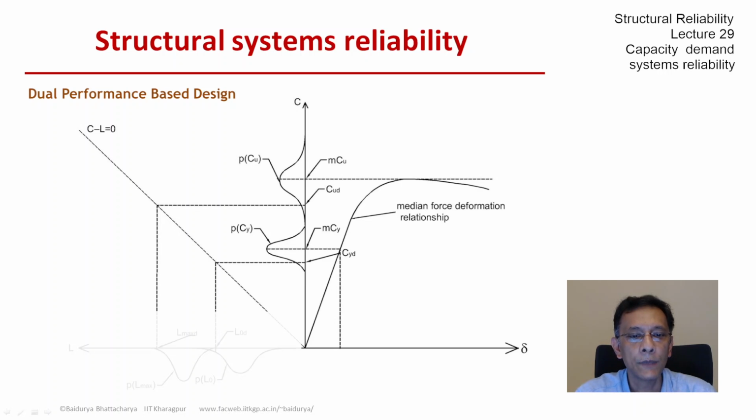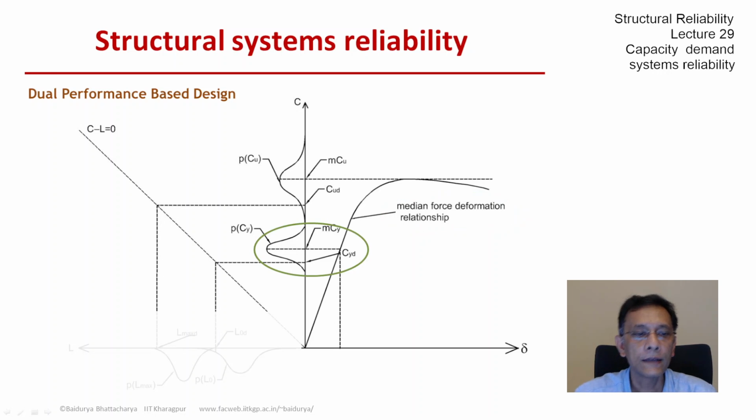It's a nonlinear relationship, and what we have plotted here is the median curve between C and delta, which means that if we ran this process again and again, we would get several stochastic processes, and what you see there is the median line. From this median line, we could obtain the yield capacity corresponding to some predetermined displacement delta.